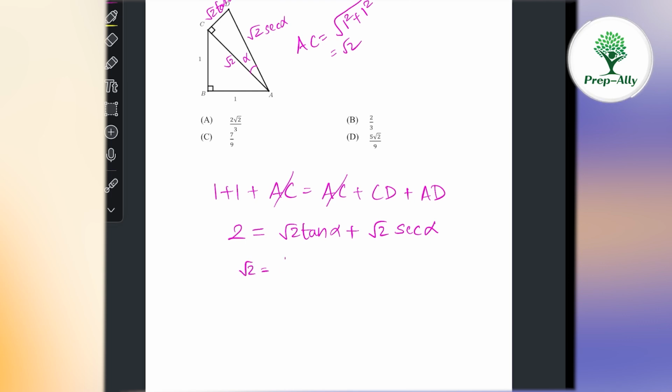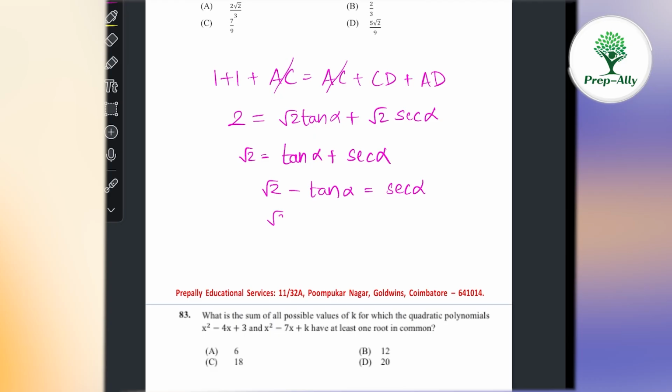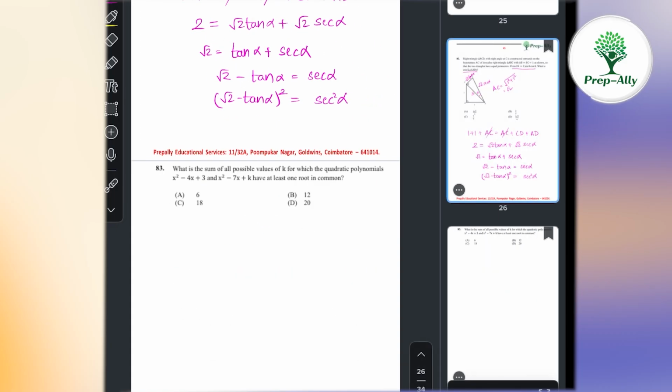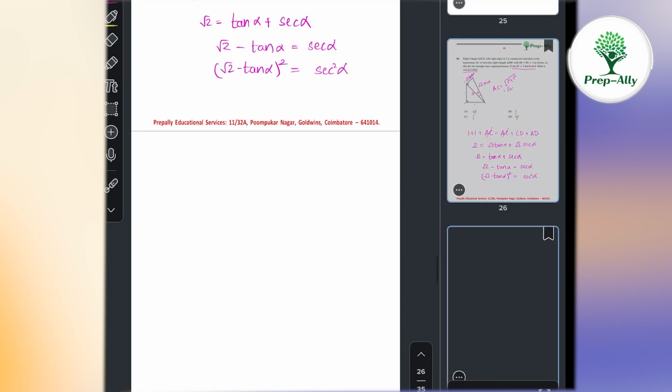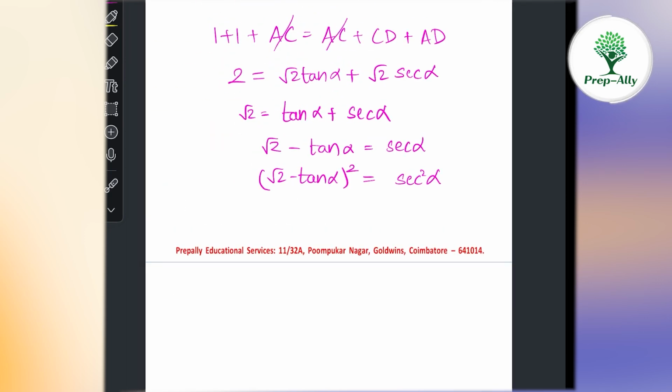So from this we have root 2 equals tan alpha plus sec alpha, and root 2 minus tan alpha is equal to secant alpha, and root 2 minus tan alpha the whole squared equals secant square alpha, right? And secant square alpha is nothing but 1 plus tan squared alpha.